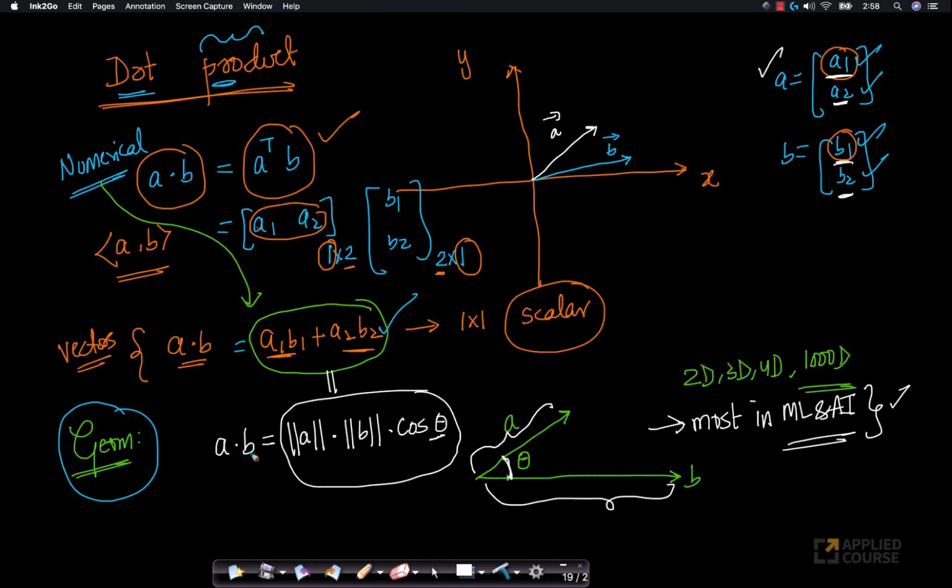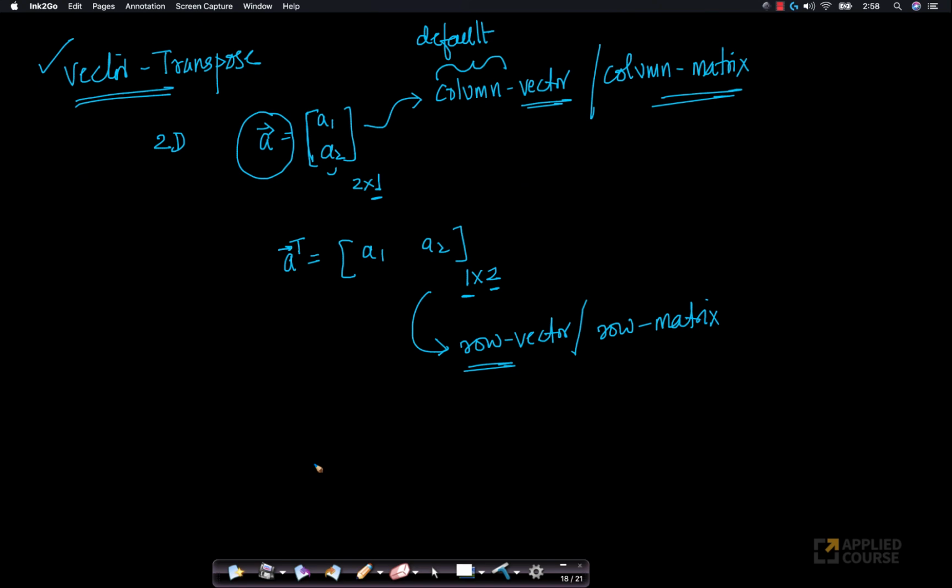So this concept of projection, and the whole concept of the dot product between two vectors, is a superb concept which is used every day in a lot of applied mathematics, computer science, especially artificial intelligence, machine learning, and advanced statistics. Similarly, remember we are using the concept of transpose that we just learned at the very beginning of this video.